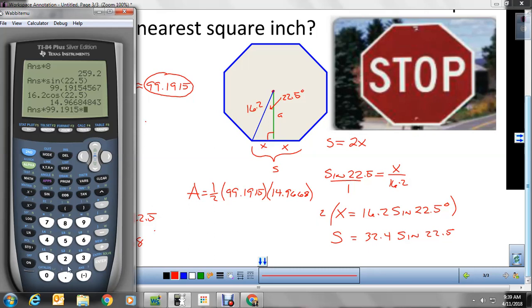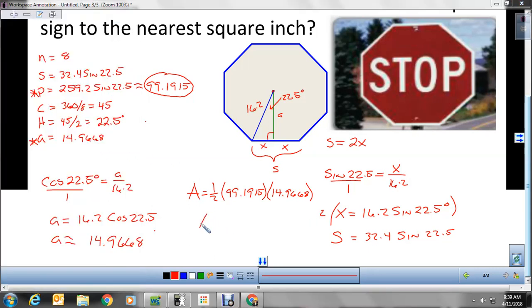And then we're going to multiply it by 0.5 to get the half. That gives us 742.29, and it says round to the nearest square inch again. That means the whole number, so we're going to look to the 2. The 2 does not round this 2 up at all, so it becomes 742 square inches. So the area, 742 square inches.